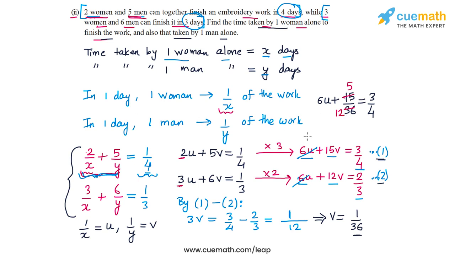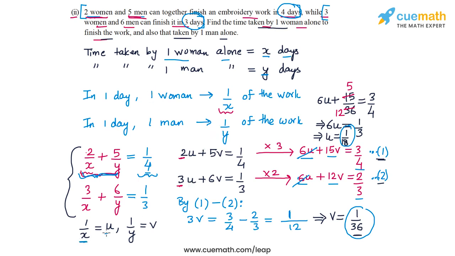So this gives us 6u is equal to 3 by 4 minus 5 by 12. So that will be 1 by 3. And this means that u will be equal to 1 by 3 by 6 or 1 by 18. Okay, so u is 1 by 18 and v is equal to 1 by 36. And now we have to get the values of x and y.